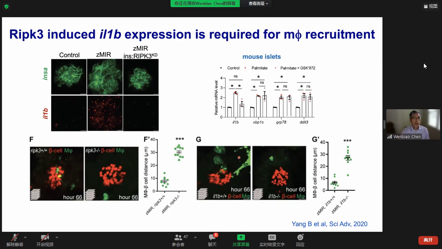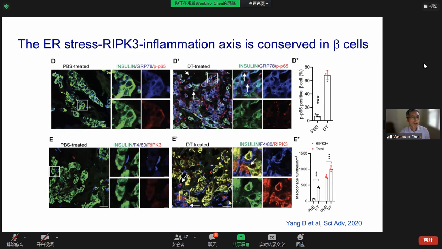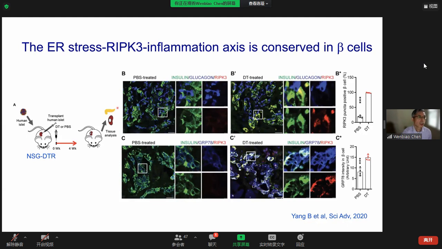Okay. So we took advantage of collaborating with our colleague. We took advantage of his system where he can transplant human islets into NSG DTR mice that are immunodeficient and also express the diphtheria toxin receptor in the beta cells.